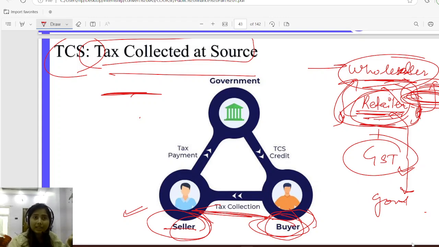So what they are doing is tax collected at source, because I am consuming. At that point of time, they are charging tax collected at source, and the seller is collecting those taxes and paying to the government. The restaurant owner is charging that amount and paying to the government. I hope you are clear about it.